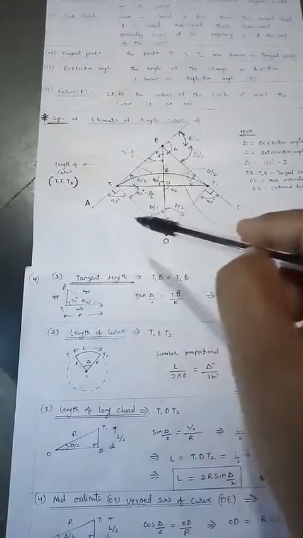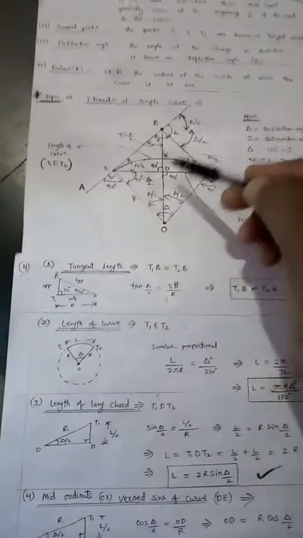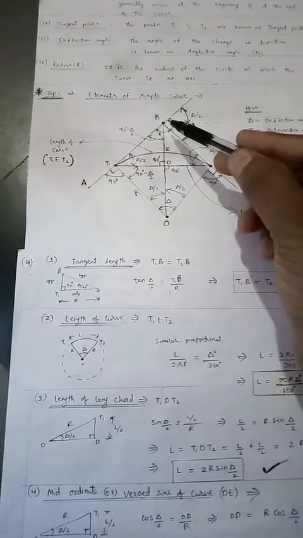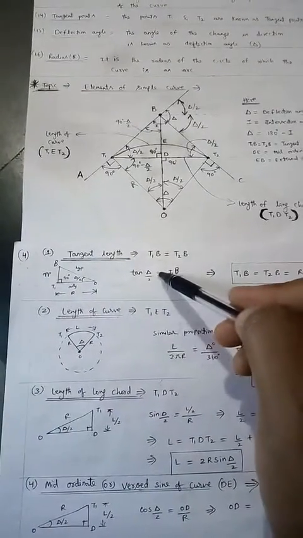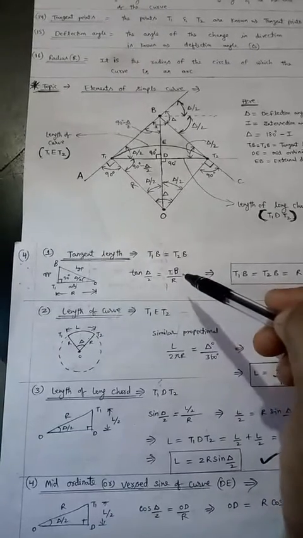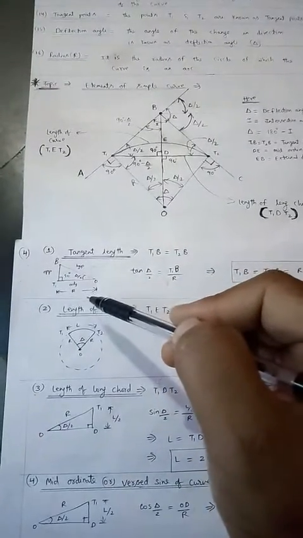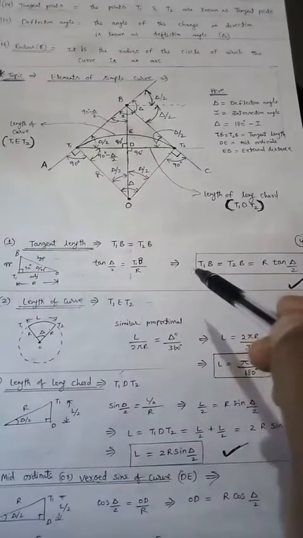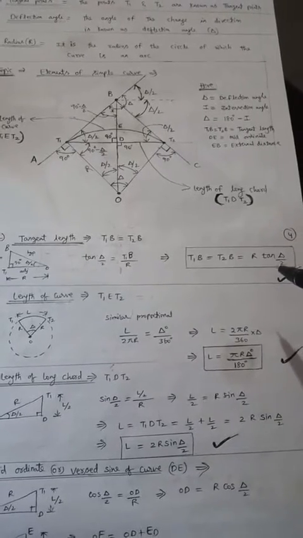This is the adjacent, the radius R. Now tan delta by 2 equals opposite by adjacent, where opposite is T1B and adjacent is radius R. By solving, T1B equals T2B equals R tan delta by 2. This is the formula of tangent length.